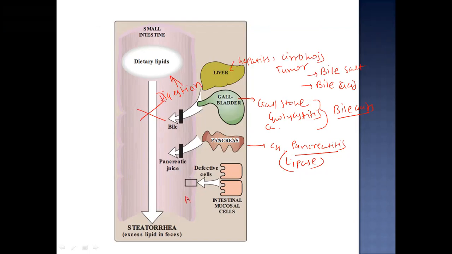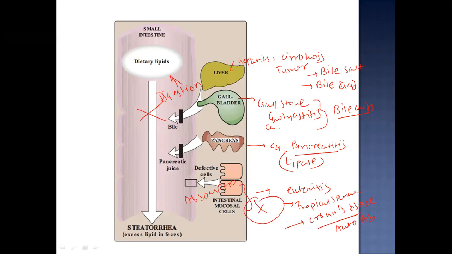Another thing, it can happen at the absorption level, which is at the intestine. Suppose there is enteritis, which is the inflammation of the small intestine, if there is an infection. Another thing, if there is an autoimmune disease such as tropical sprue, or Crohn's disease, there will be production of autoantibodies which destroy the intestinal mucosal cells.